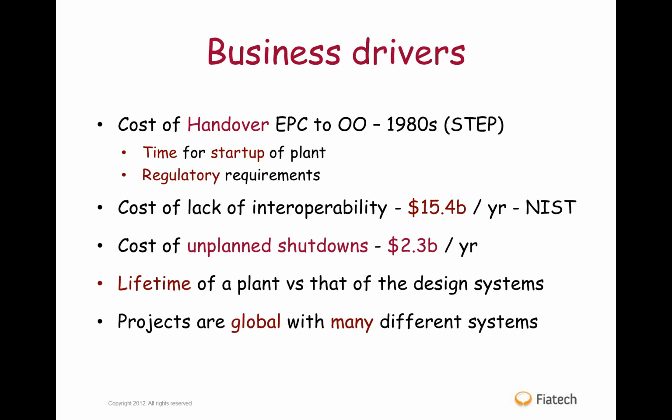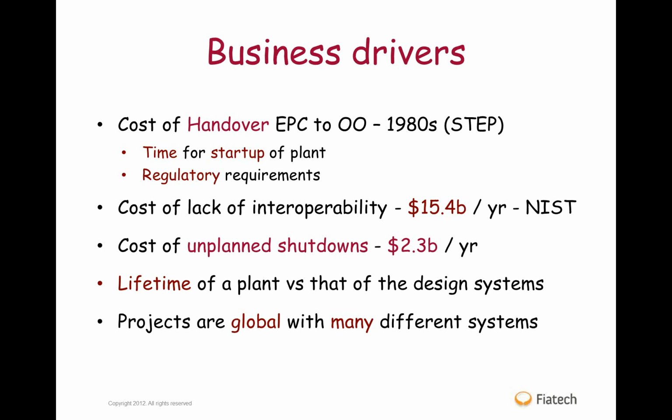A study by NIST in 2004 put the cost of not having interoperability in the US alone at $15.4 billion per year, and the cost of unplanned shutdowns or explosions at $2.3 billion a year.